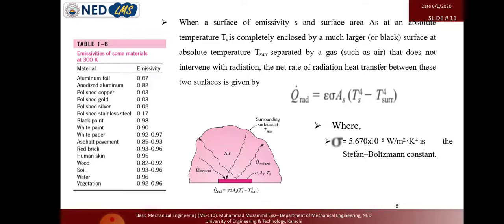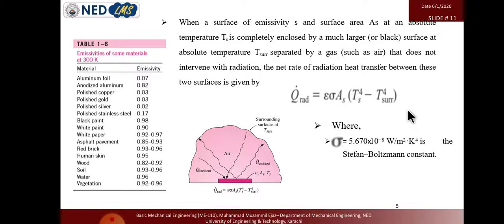When the gate of the furnace is opened, there is not enough time for hot air to come and touch your body. So you immediately feel or experience the heating effect. That is due to radiation, because radiation transfers to the body at the speed of light. There is no medium. Air is not moving from one point to another, so you immediately feel the effect.